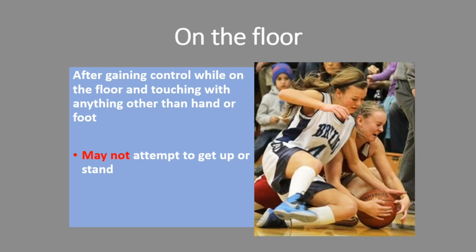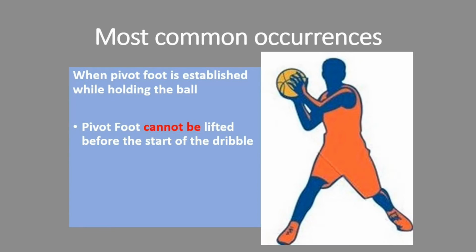If I'm on my stomach, I can't come to my knees. If I am on my back, I actually can sit up. There's nothing against the rules that says I can't sit up, but I can't make an attempt to raise with my hand or anything to get up off the floor in any way, shape, or form. If I do, I've committed a traveling violation.